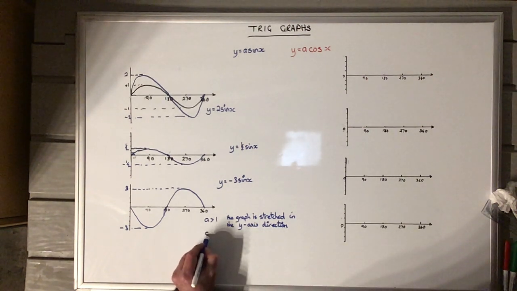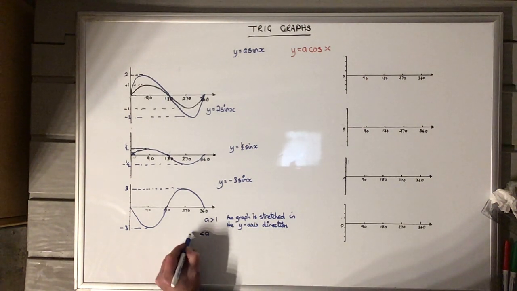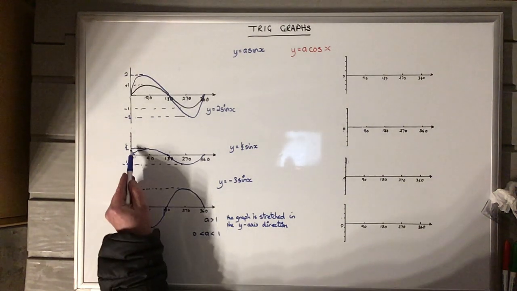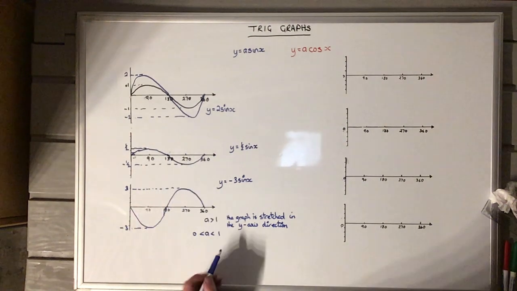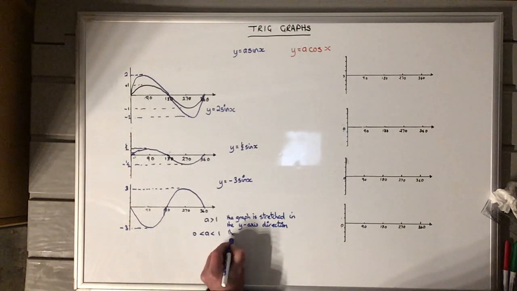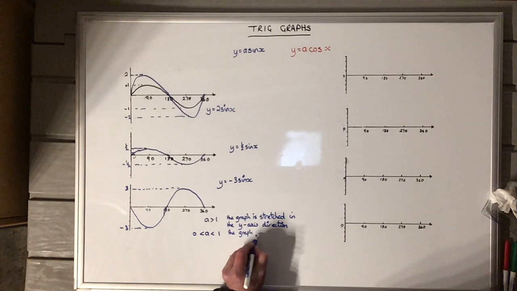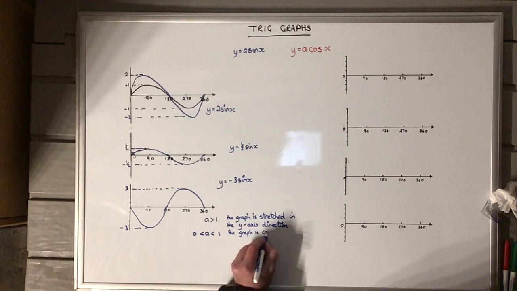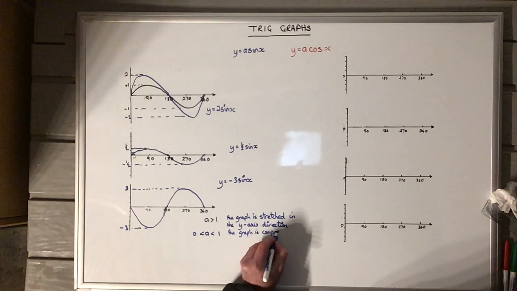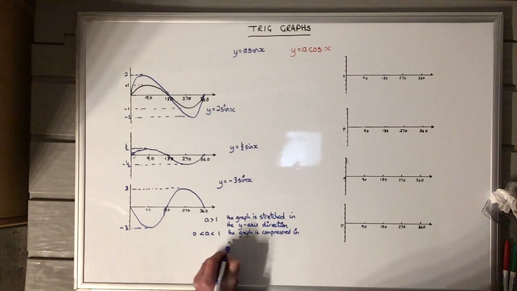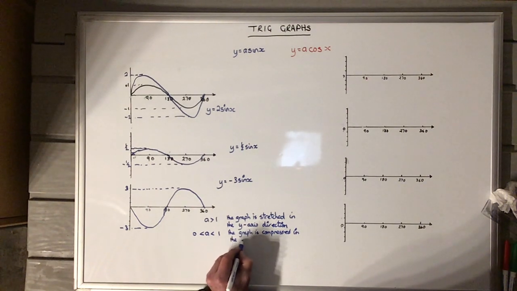When a is between 0 and 1, that's this one here, a half is between 0 and 1, then the graph, still affected in the vertical direction, is compressed. We say it's compressed. It's got smaller, and it's in the y direction, the y-axis direction.